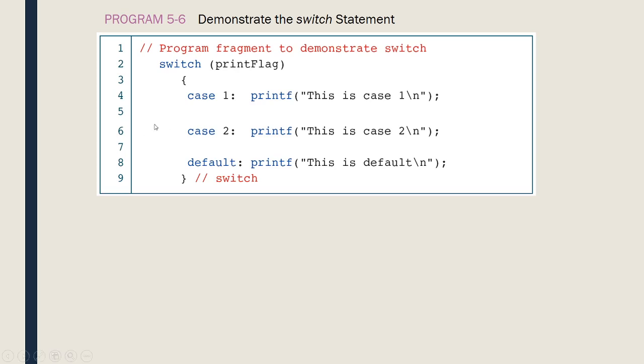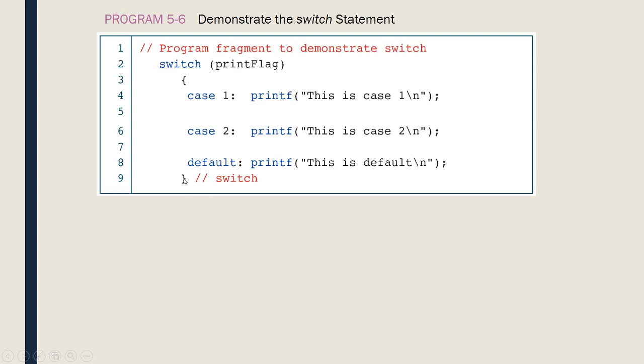We have here the switch keyword, and inside the parentheses we have the print flag. And we have two cases here, case 1 and case 2, in which case 1 is to print, this is case 1. Case 2 is to print the string, this is case 2. And the default is to print the statement, this is default.